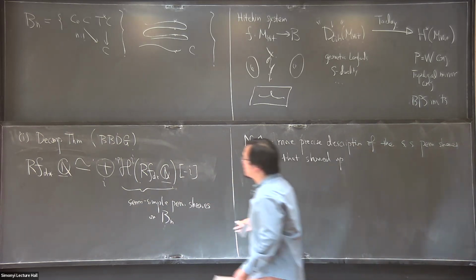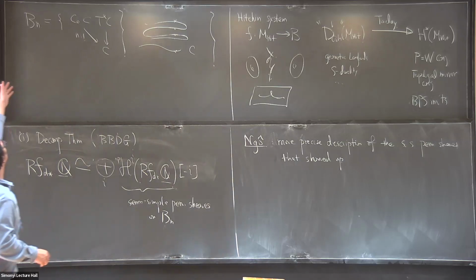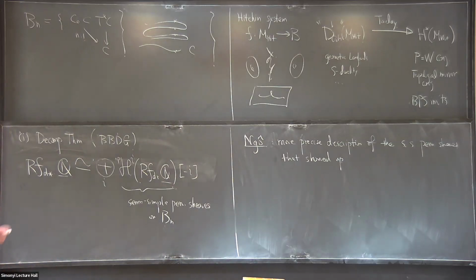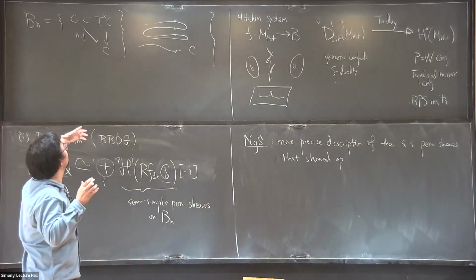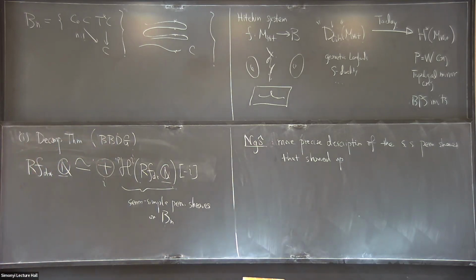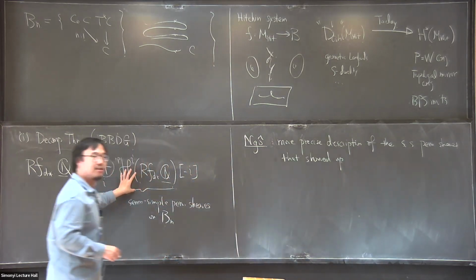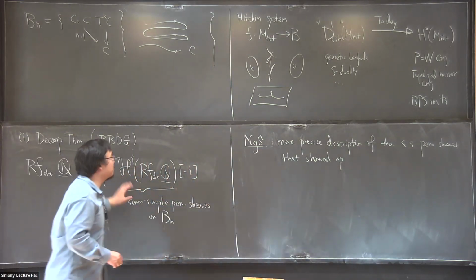For example, the Hitchin base can be thought of as the parameter space of the spectral curves. If we restrict ourselves to the open subset of integral spectral curves, then Ngo's work decides all the pieces that showed up here. So it's the complete information.